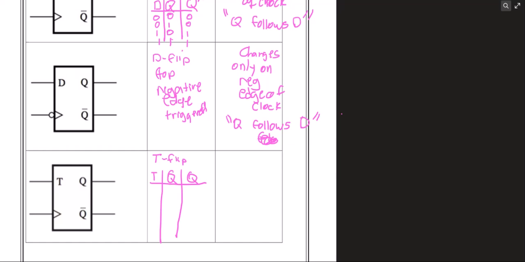I'm putting this little star to stand for the next value of Q, and Q is the previous value of Q. This one is positive edge triggered because there's no bubble, so it changes on the positive edge of the clock and only changes once per clock cycle.